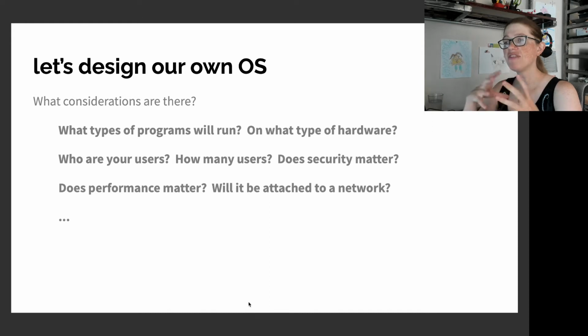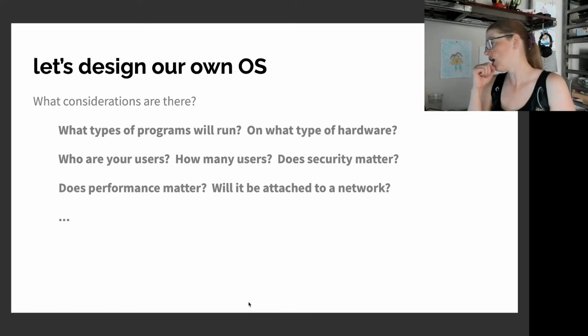And that is a very different kind of environment from building an operating system for a robot that only ever runs very simple programs that simply dictate the robot's motions. So you need to know what kinds of programs you are going to run, and for what kind of hardware you are going to be designing this OS to run on. You also have to ask yourself, who are your users? So who are the people that are going to be using this operating system?